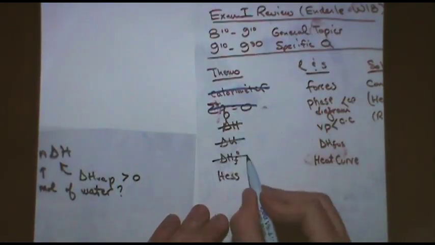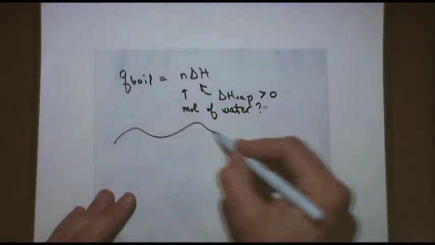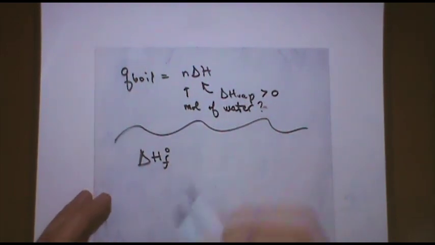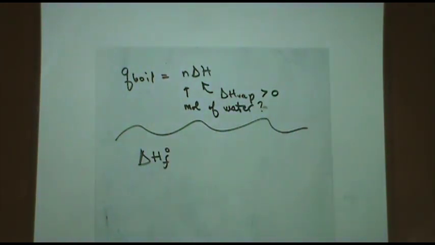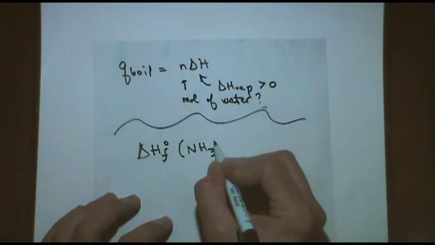I'll just do a little bit on delta H of formation. A couple things I want to do here. First, you should know three things, I guess. One, you should be able to write the reaction of a formation of something, whatever that something is. So for example, NH3.